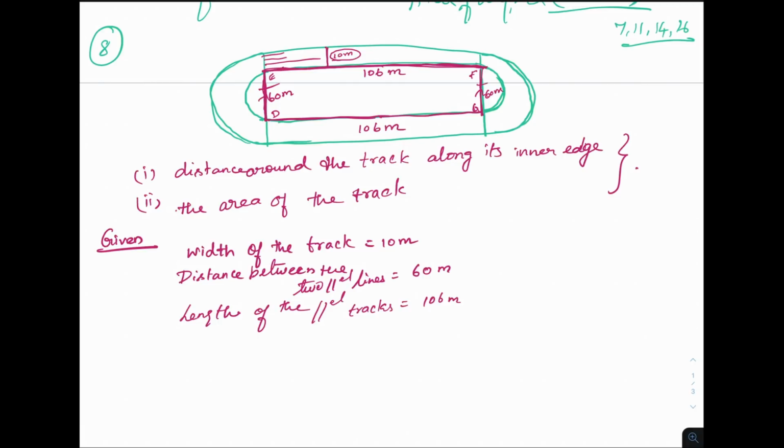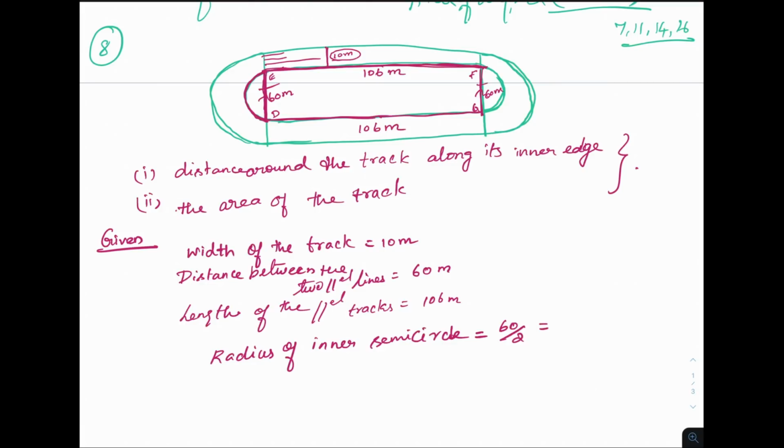Now the distance between the two parallels will act as a diameter of the inner semicircle. So here we can take radius of inner semicircle is equal to 60 by 2.